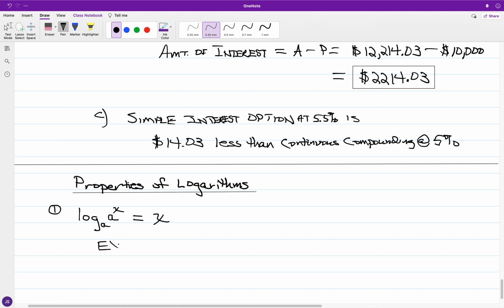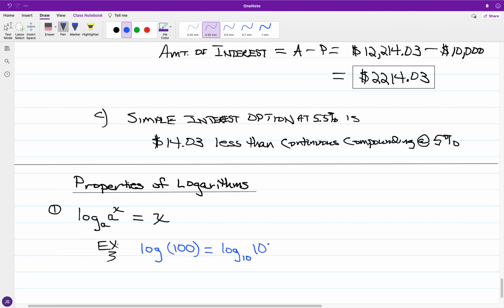And just kind of cite some examples here, going back to the calculator terminology. If you have something like log of 100, unless it says otherwise, whenever you see log, like in the case of a calculator, log is going to be in reference to a base 10 logarithm.